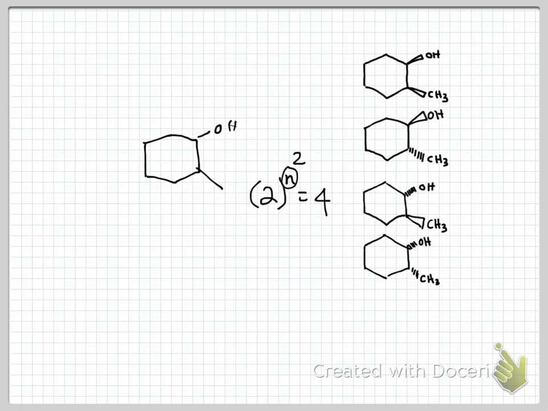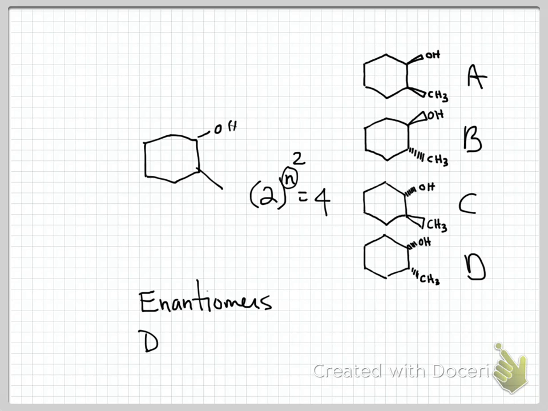So the question is, which ones of these are actually diastereomers, and which ones are enantiomers? Enantiomers are mirror images, right? So I'm going to label these A, B, C, and D, and I'm going to make columns for enantiomers and diastereomers.